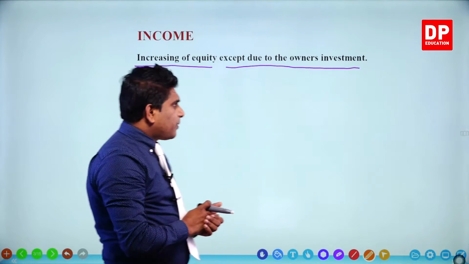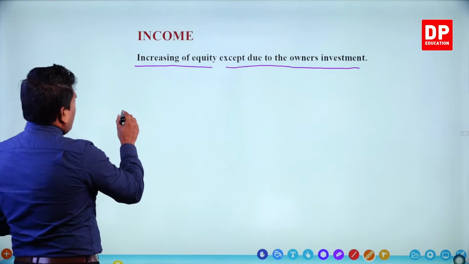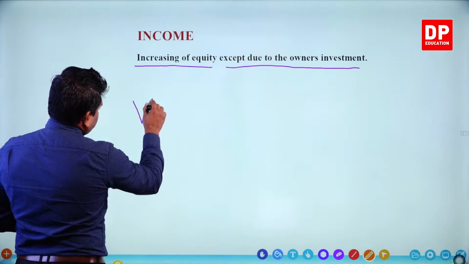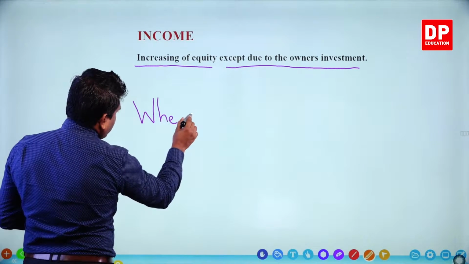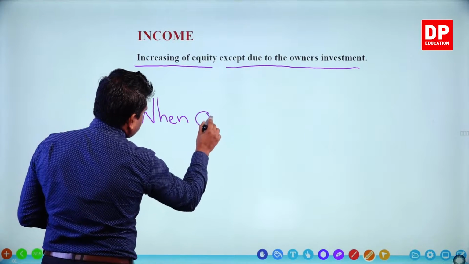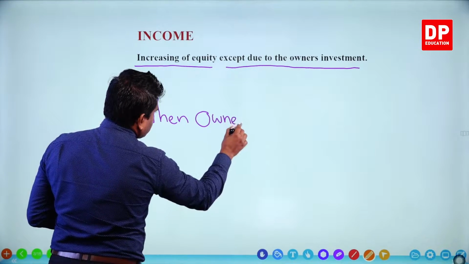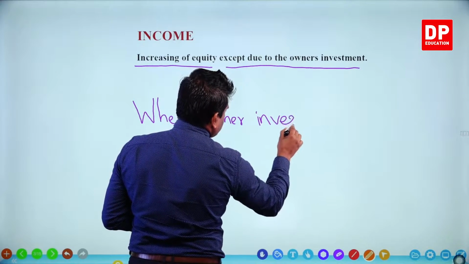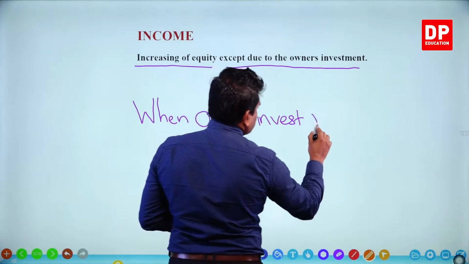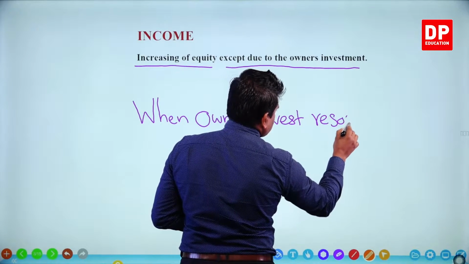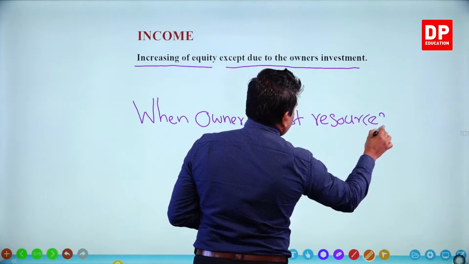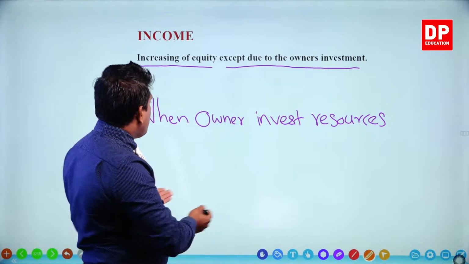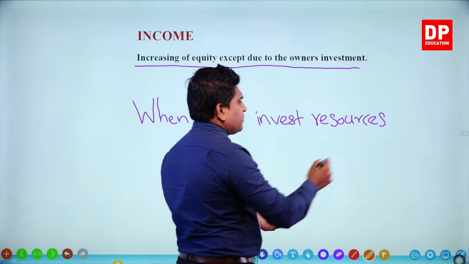Remember this. When the owner invests resources to the business, what happens to the equity?